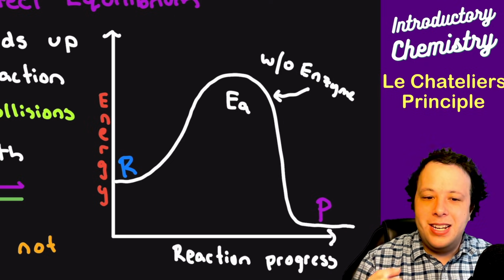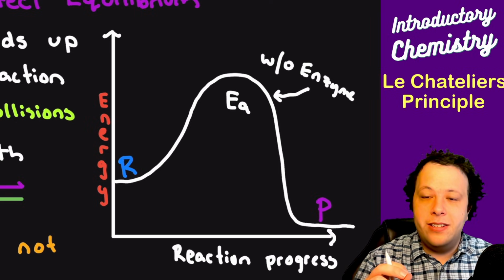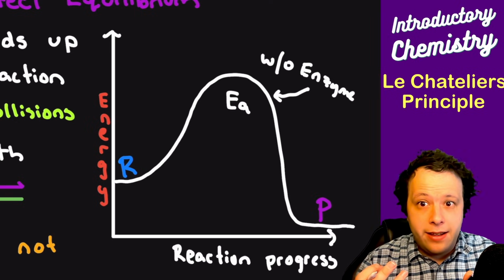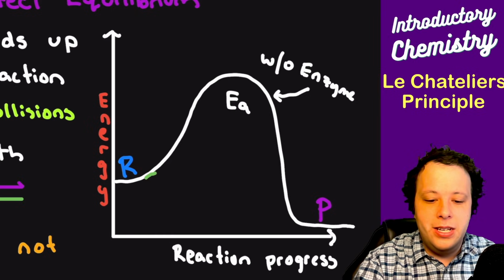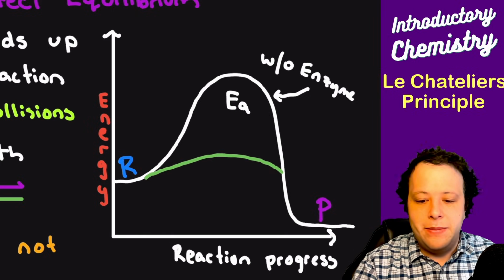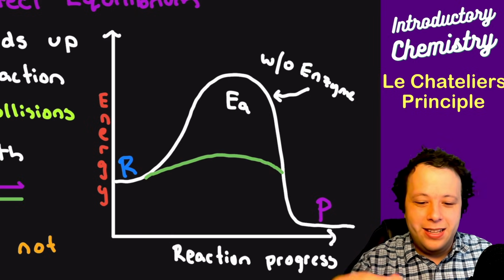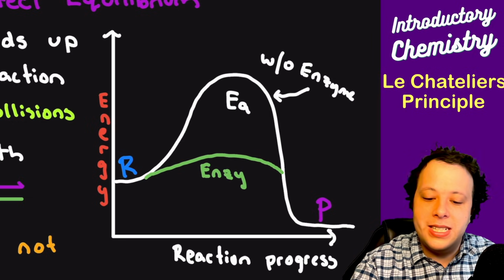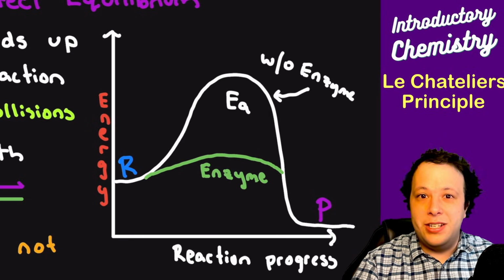What the enzyme is trying to do is go around the mountain or find an alternate path to make that a reality. So when we add an enzyme, it's like going around the side of the mountain to make this easier to occur. It's less energy that is required.